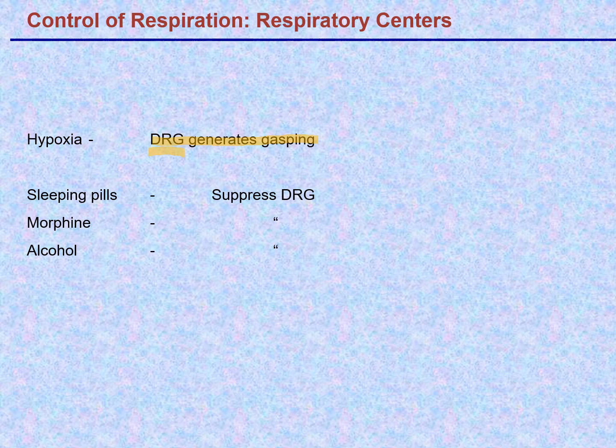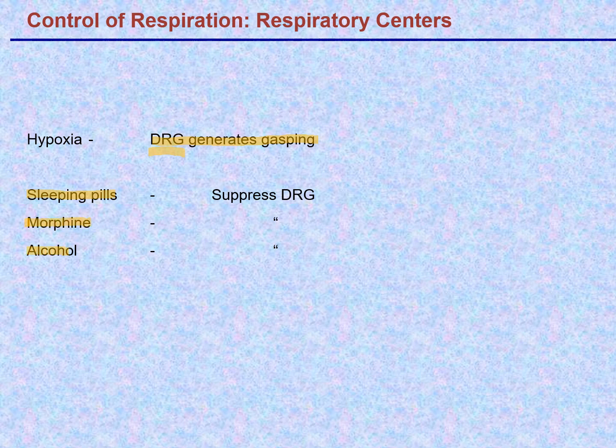Now, an important point to realize is that there are some compounds, drugs, that will suppress those inspiratory signals coming from the DRG. They include sleeping pills, barbiturates in other words, also opiates, morphine, heroin, some of the ones that are used clinically, can all suppress inspiratory signals coming out of the DRG.